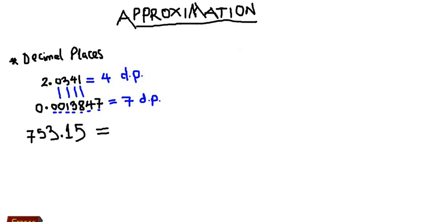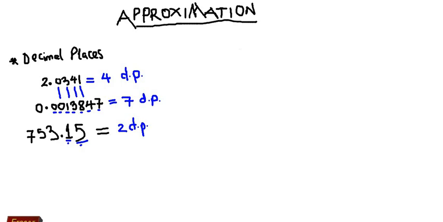So here again we'll ignore the units on the whole number part and count the numbers to the right of the decimal point, which means this number has 2 decimal places. Okay, so those are the decimal places in a decimal number.